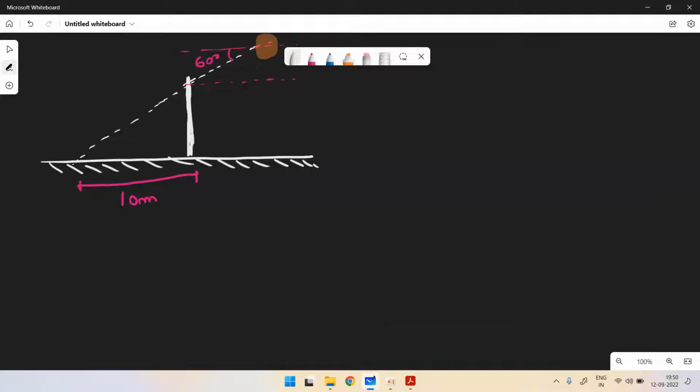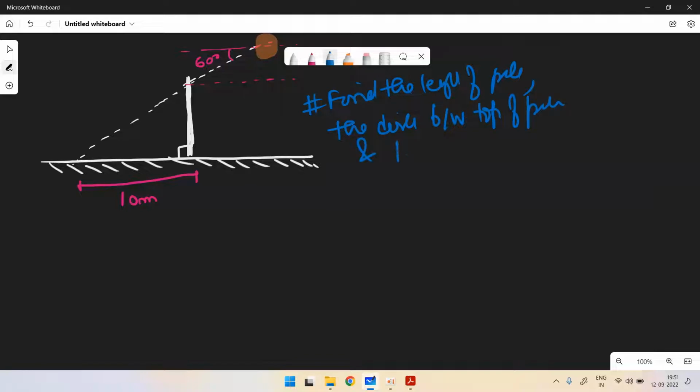Then the question is to find the length of the pole, and second, the distance between the top of the pole and the top of the shadow of the pole.